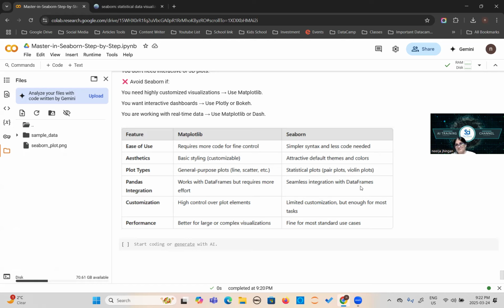Then for performance, Matplotlib is better for large and complex visualization. This is very good. It is not slow. Seaborn is fine for most standard use cases. Sometimes it gets very slow when you are working with a large data set and you are applying Seaborn. But Matplotlib is very good for research and presentation because it produces high resolution graphs.